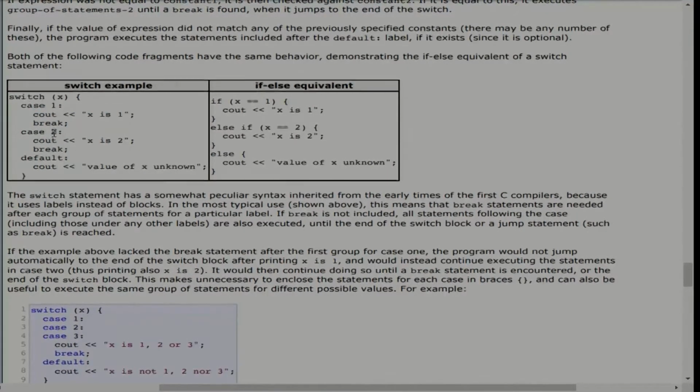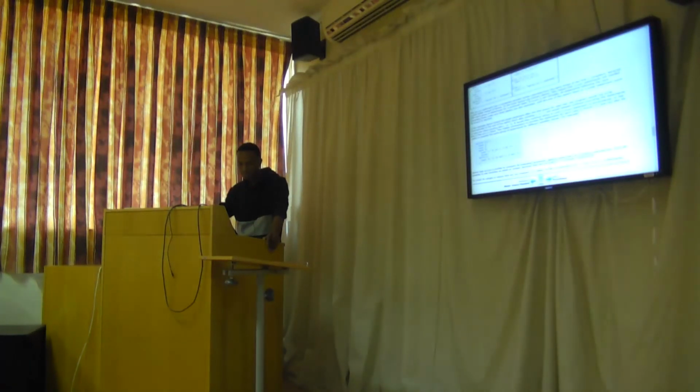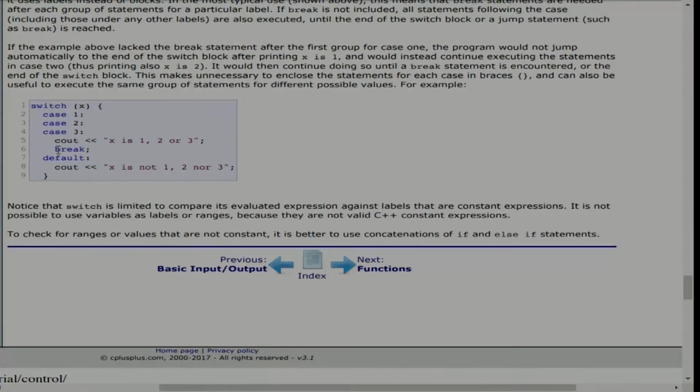But if x is 2, then execute this statement. Can you see how it's almost similar? Then if x is not 1 and x is not 2, then you have your default statement. The value of x is unknown. So that is an example of a switch statement.